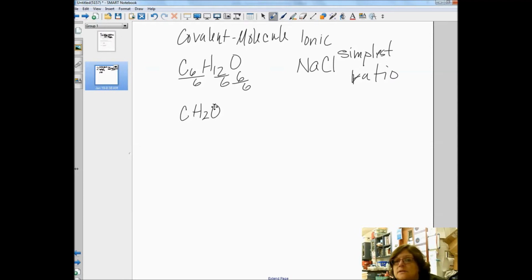And what it spits out is the percent composition, the last set of notes, for whatever chemical was found at the crime scene. If they found glucose at the crime scene, it would spit out percent composition, which is what we just did. And then you would use that information to find the empirical formula.